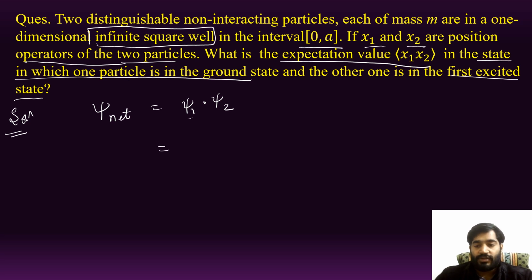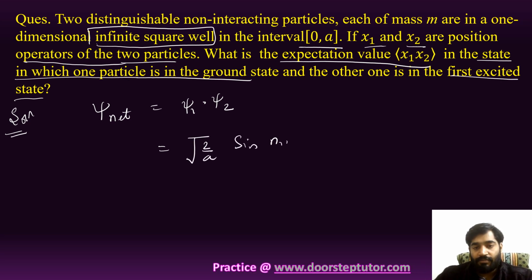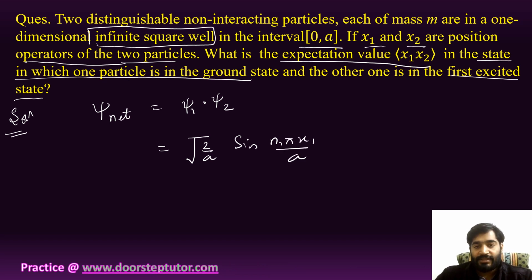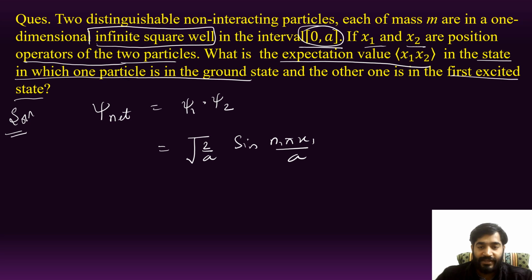Now what is the function for the infinite square well? It's going to be root 2 by a sine n1 pi x1 over a, because the two particles have the same infinite square well of limit 0 to a. That's why a is the same. So here also it's root 2 by a sine n2 pi x2 by a.